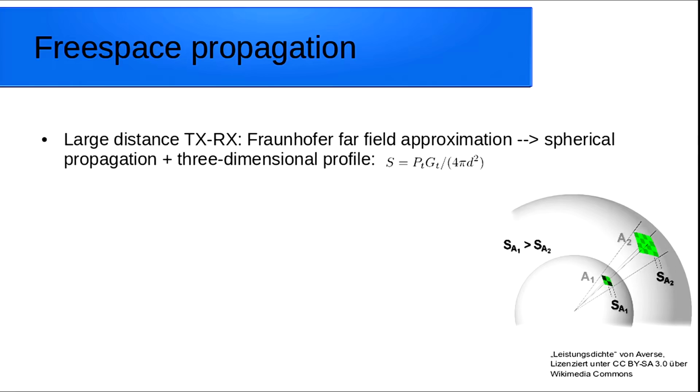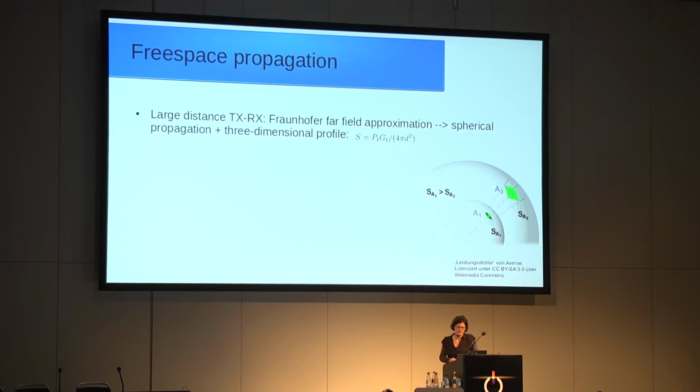Because in this case, your pointing vector, like the S from before, seems to radiate from a single point, and we can use the Fraunhofer far field approximation, as it is called, which simplifies a lot because we can divide our term of propagation, the energy flux density, in a spherical propagation part. This can be seen in the figure here.